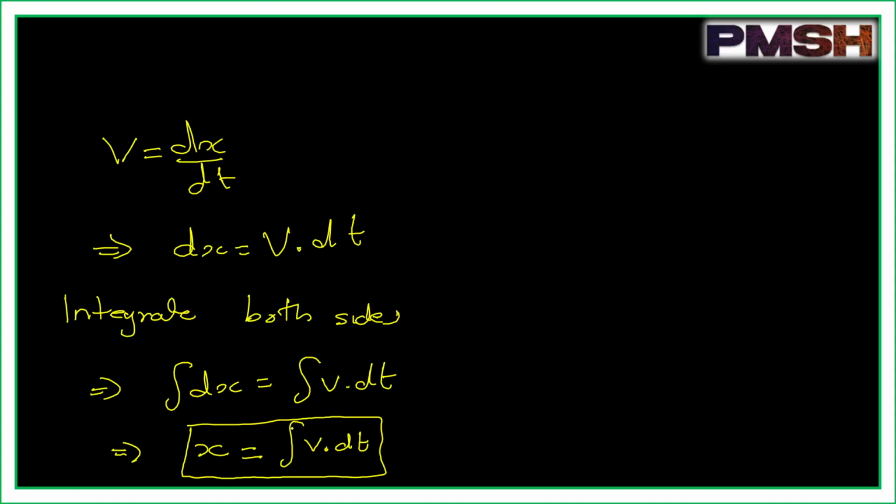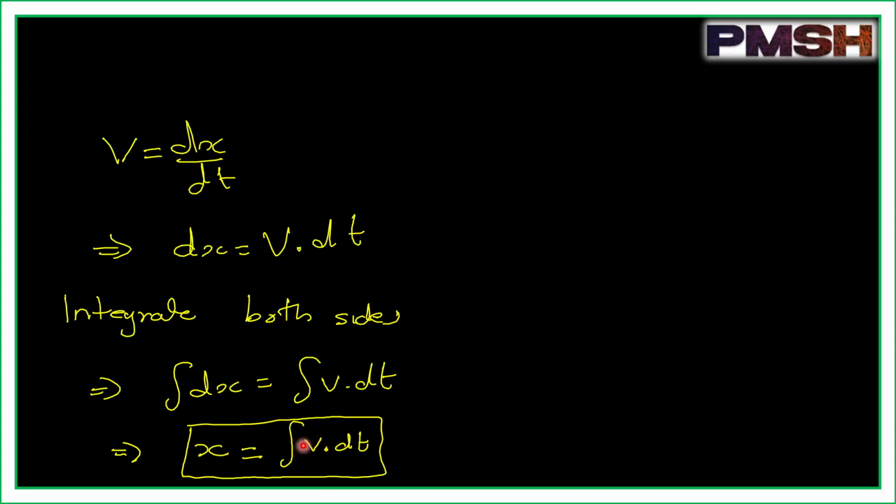What does this equation mean? x is the displacement, and v stands for velocity. So we are integrating the velocity time graph. I told you at the starting of this lecture, integration means area under the curve or area under the graph.